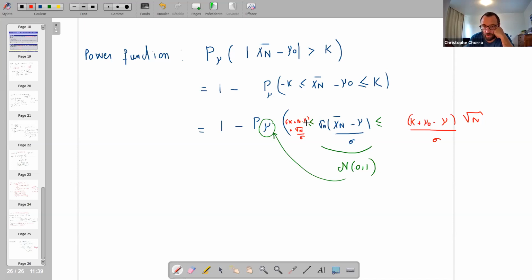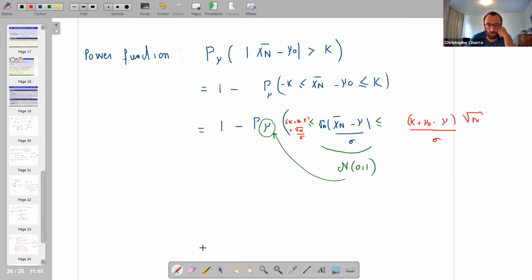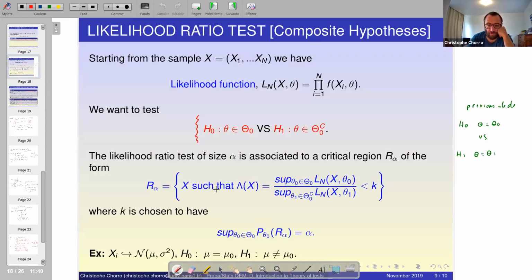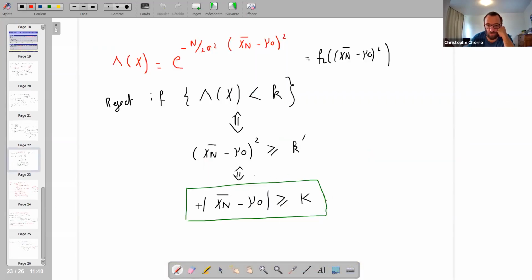So this one is a number, this one is a number, and so I have just to find in the table of the Gaussian distribution what is the probability to belong to this interval, from the distribution function of N(0,1). So in my example, in the case where I want to test this, I have obtained as a region of rejection related to the likelihood ratio test something that is not that complicated, that is this one here.